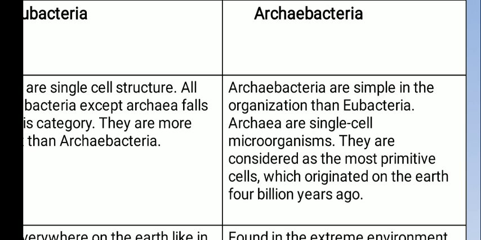As compared to Eubacteria, Archaebacteria have simple organization, and they are also single celled microorganisms, means Archaebacteria are unicellular microorganisms, and they are considered as most primitive cell, मतलब सबसे पहले या फिर बहुत अर्ली टाइम में पाया जाने वाला microorganism which originated on the earth 4 billion years ago. It was found firstly 4 billion years ago.